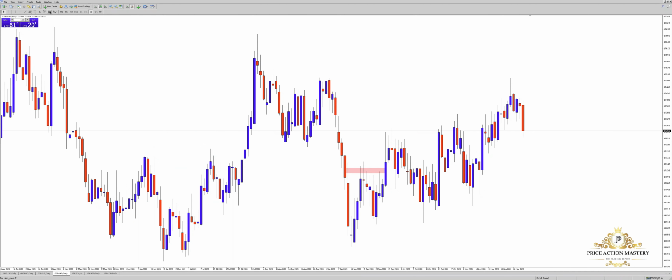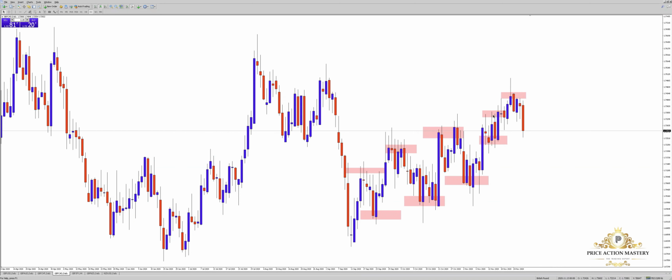From the trend, it makes a high, then a higher low, higher high, higher low, higher high, higher low, and then a higher high.